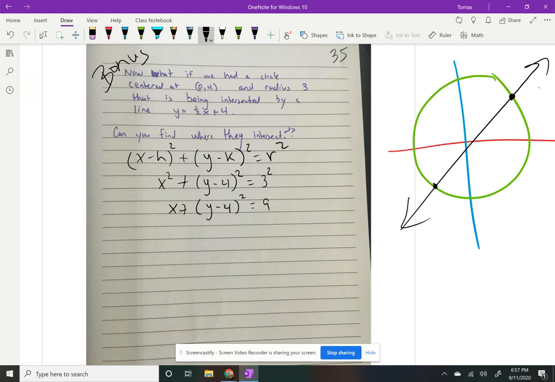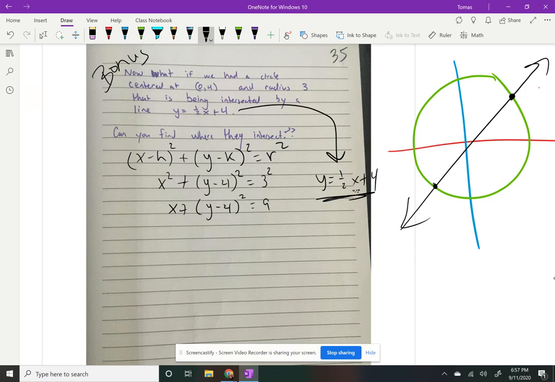Well, we know for a fact that the line is this right here, 1/2 x plus 4. And this line has to touch this circle. So there's a point, well, actually 2 points, where they're exactly the same.